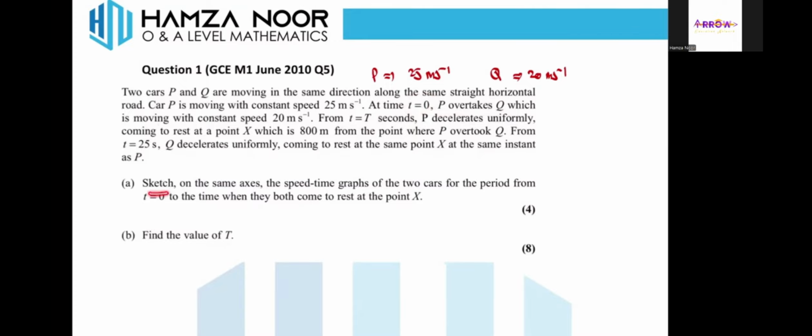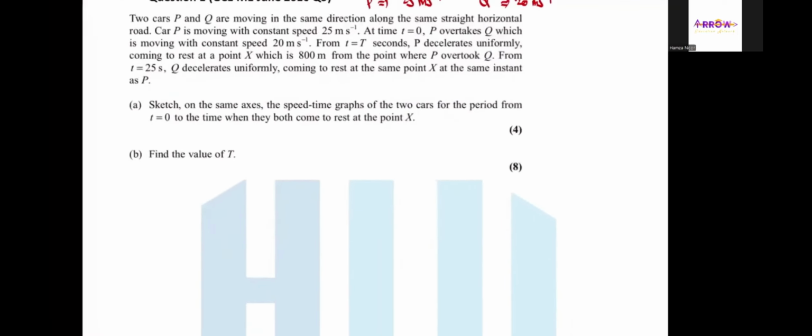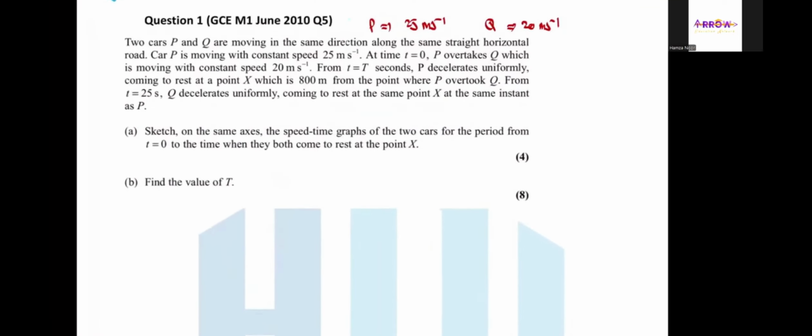So the requirement of part A is to sketch on the same axis the speed time graphs of the two cars for the period from t is equal to 0 to the time when they both come to rest at the point X. Okay, so first we make the horizontal axis, t seconds.